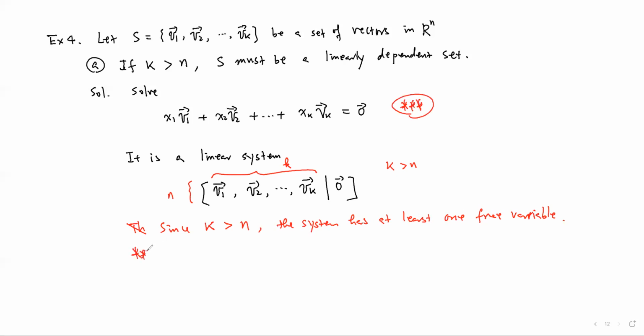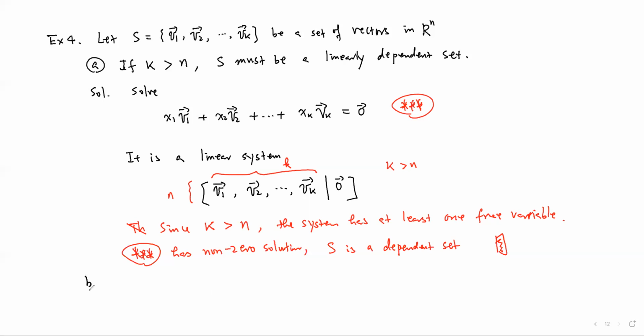Therefore, triple star has non-zero solution. So when this vector equation has non-zero solution, the set is a dependent set. S is a dependent set. So done. This is case A, the number of vectors greater than the number of entries. How about the reverse case?